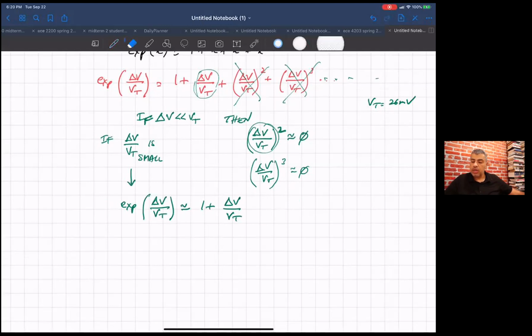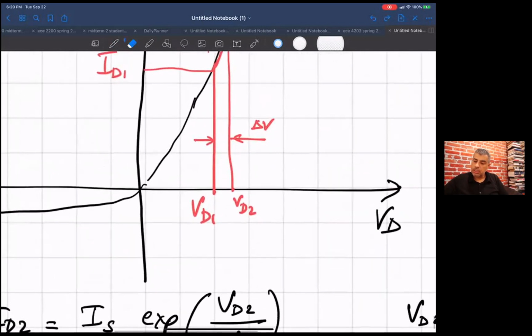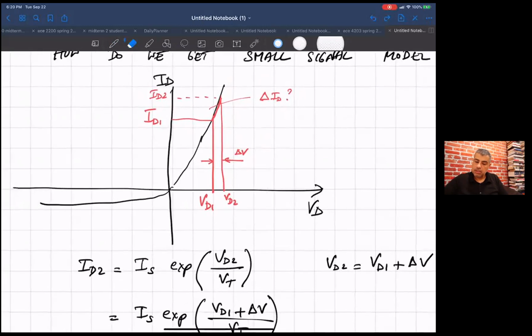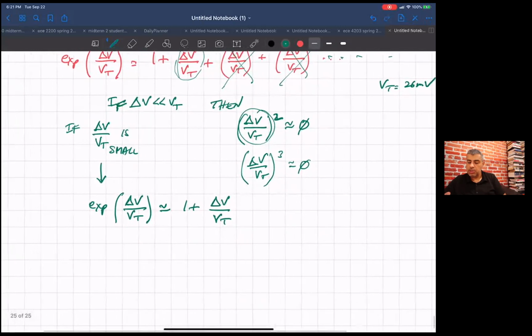Remember, this is my delta V. I'm saying if this change from VD1 to VD2, this delta V, is much less than V sub T, and V sub T is 26 millivolts, then I can make this approximation to this exponential.